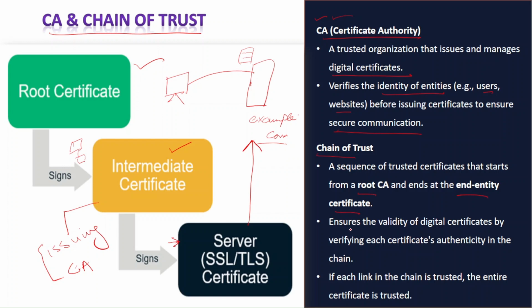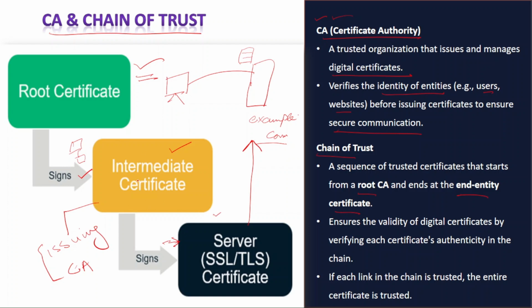So the chain of trust ensures the validity of digital certificates by verifying each certificate's authenticity in the chain. The whole trust goes to the root CA, which is the main organization behind the PKI, and this CA then signs or validates intermediary CAs, and the intermediary CAs or the final CA then signs the individual or entity certificate.